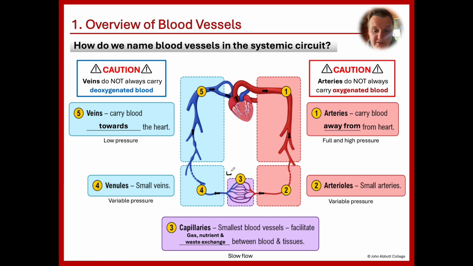Maybe we should draw a few cells here to show that there's maybe your toe cells that you're feeding over here. You're bringing blood to them. You're exchanging substances over here with them. And then all the bad blood comes out through the venules, small veins, and then up veins towards the heart. They carry blood towards the heart, and they enter back to the heart, okay?